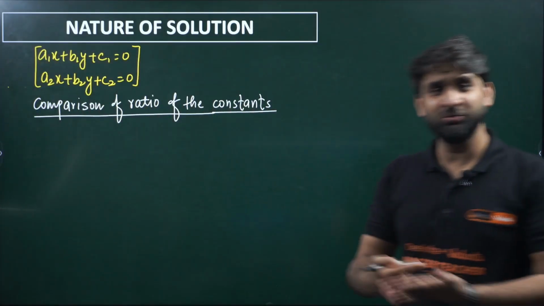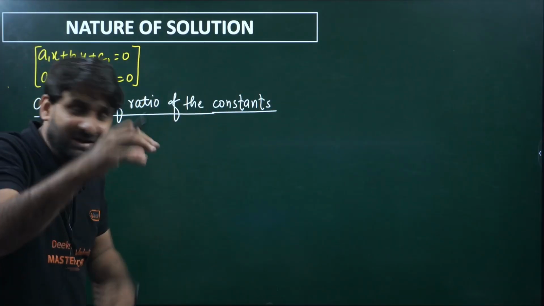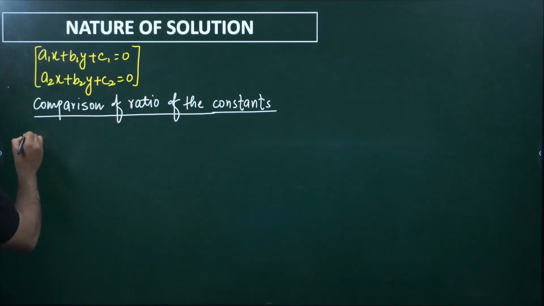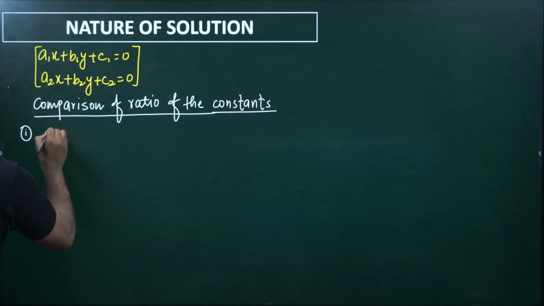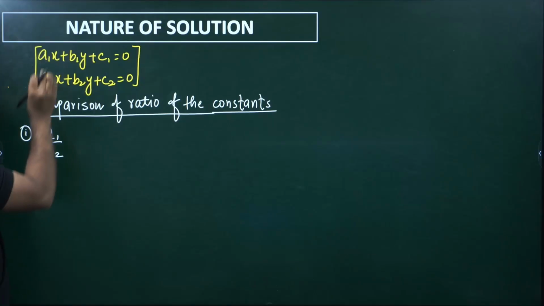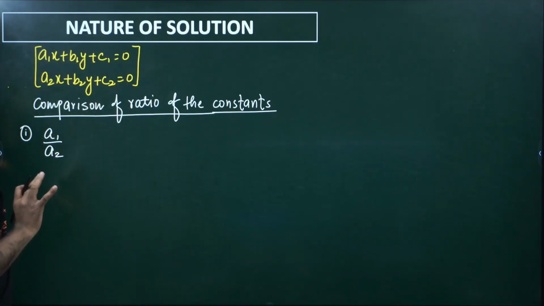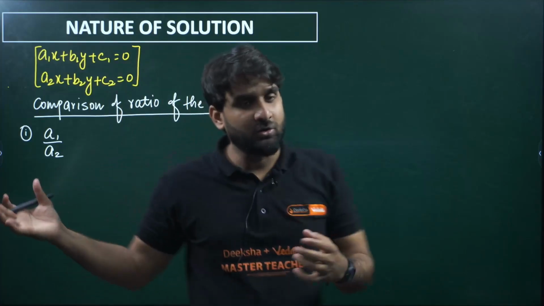A1, B1, C1, A2, B2, C2 are constant values. So you need to compare the ratios. Let me show you how. The first condition is, if A1 divided by A2, A1 by A2, where A1 is the coefficient of x in the first equation and A2 is the coefficient of x in the second equation, and we all know they are constant values.